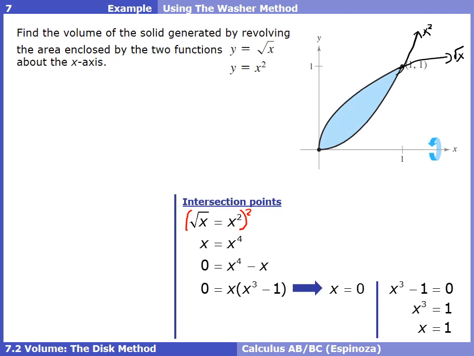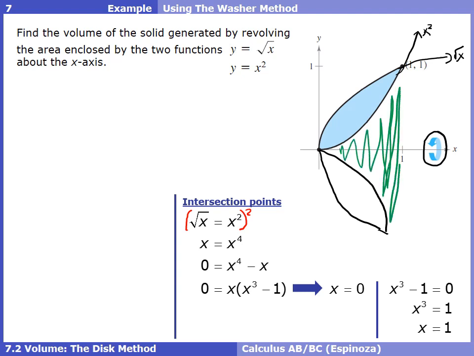Okay, so now that we have a good looking picture, I've labeled this little arrow here just to remind me that I'm rotating about the x-axis, or a horizontal line. So what would this look like? Well, again, we don't really have to get a perfect picture of what this would look like, but ultimately we would need to realize when we rotate this shape below the x-axis and rotate it in and out of our paper, we're going to end up with a shape that ultimately has a gap in it.